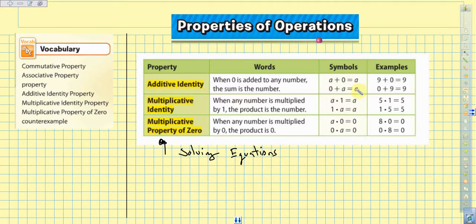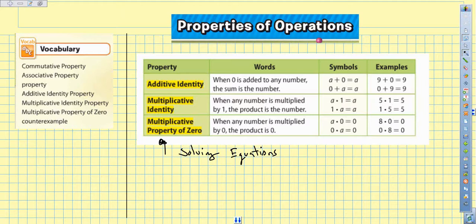And you might think, oh, this is easy. Great, because that's what we want when we solve equations. We are going to be using ideas that are super simple to solve our equations. But right now we need to know the properties. These are all of our properties. So we need to know this additive identity property, that if we add 0, it stays the same.